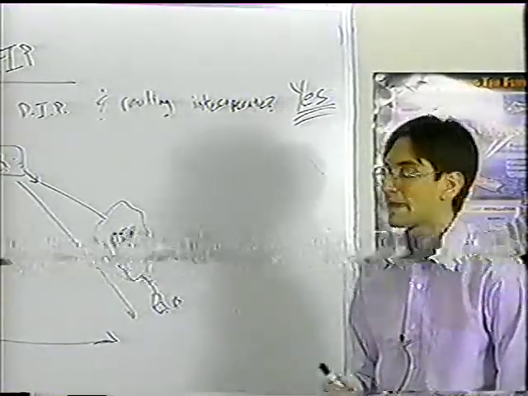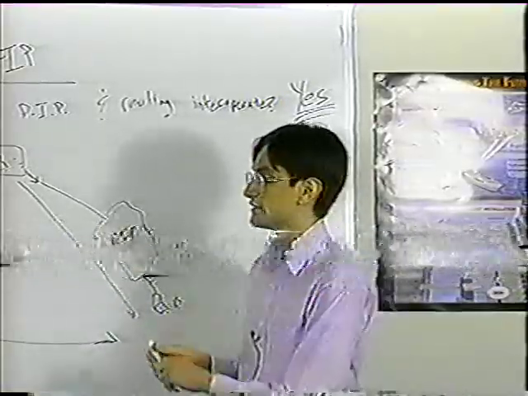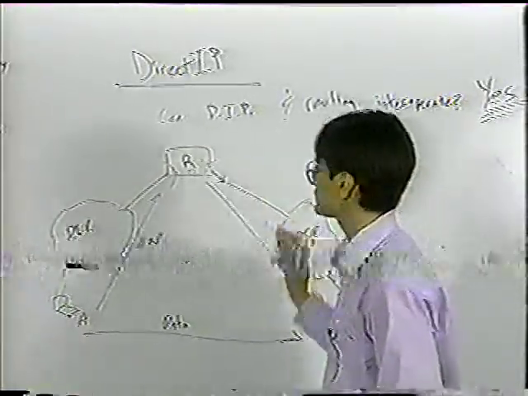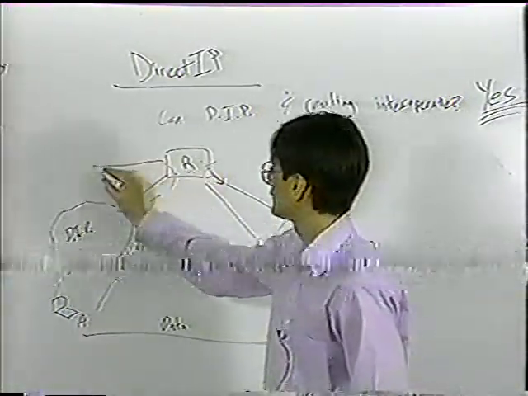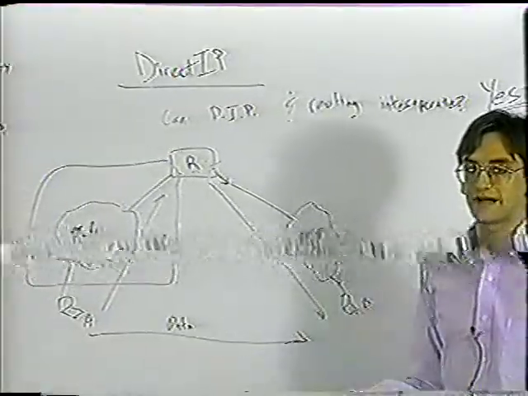The only caveat to this whole description is that this router interface and this router interface must think that this direct IP network is just one big flat network.